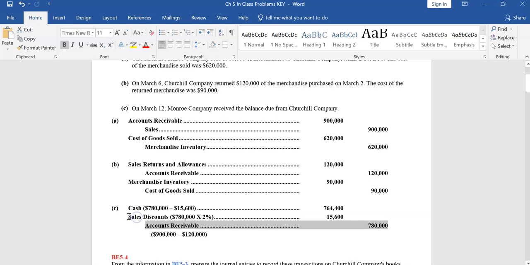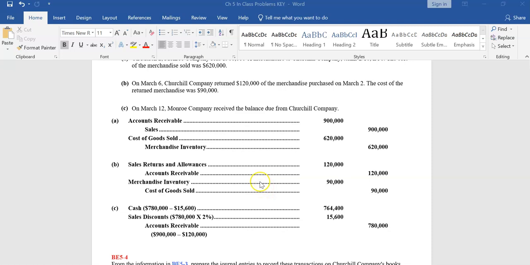We use a contra revenue account to record how much of the revenues were given up due to the sales discounts. Thus, contra revenue account has the opposite balance of revenues. Revenues have a credit balance. It means the contra revenue account has a debit balance. We will increase the sales discount by the amount of the discount provided or given to the customer for prompt payment.